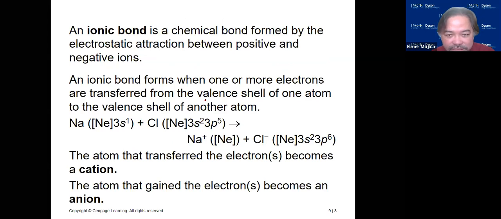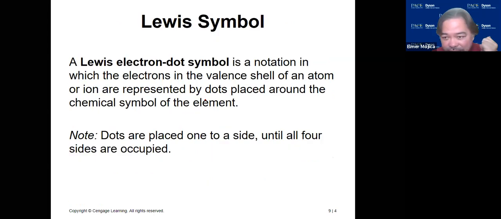Okay, and the ionic bond is usually formed when there is a positive and a negative charge formed between the ions once they exchange electrons. And the positive and the negative charge lead to this electrostatic attraction called ionic bond.